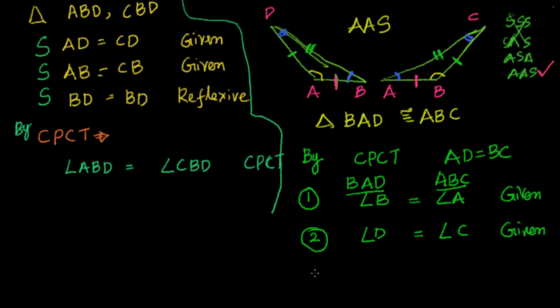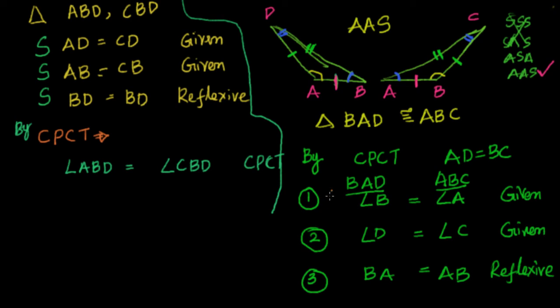This is also given. Now I have been given two angles. I need to have one common side. What is the common side here? BA is equal to AB. You will say BA is equal to AB. What is this? Reflexive property. You will say BA is equal to AB by reflexive property. This is how you have proven angle side. What we have proven?